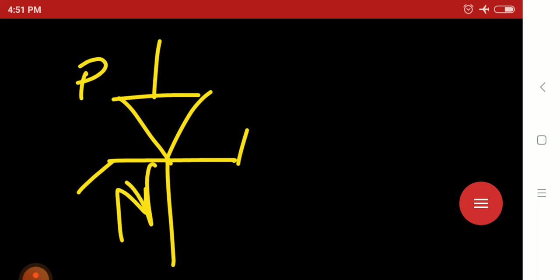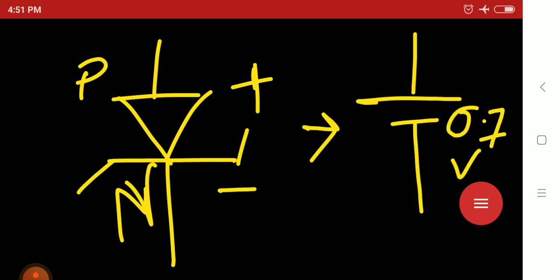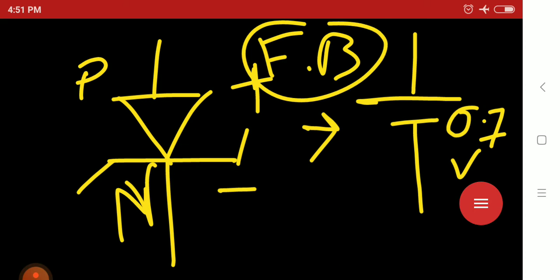If the positive end of the battery is connected to P and the negative end to N, it acts as a normal battery of 0.7 volt, if it is silicon, in forward bias. So in forward bias, the Zener diode acts as a normal diode.